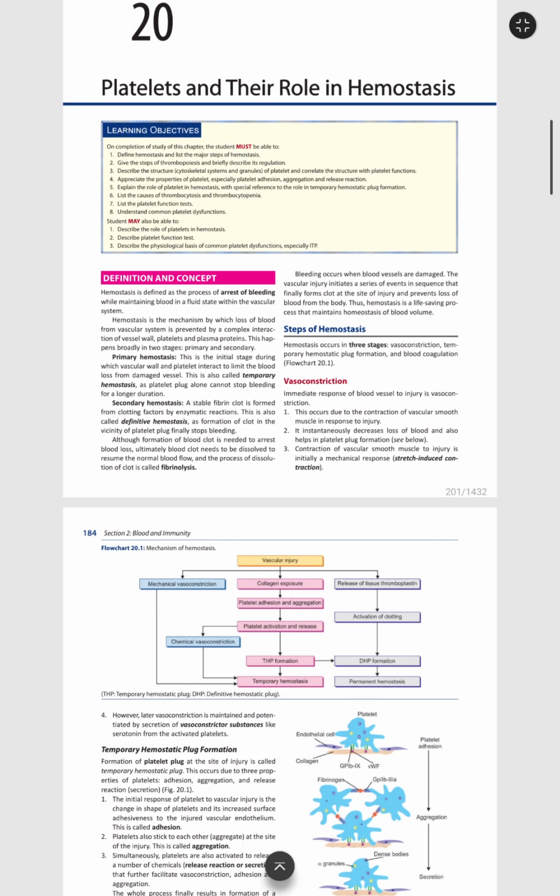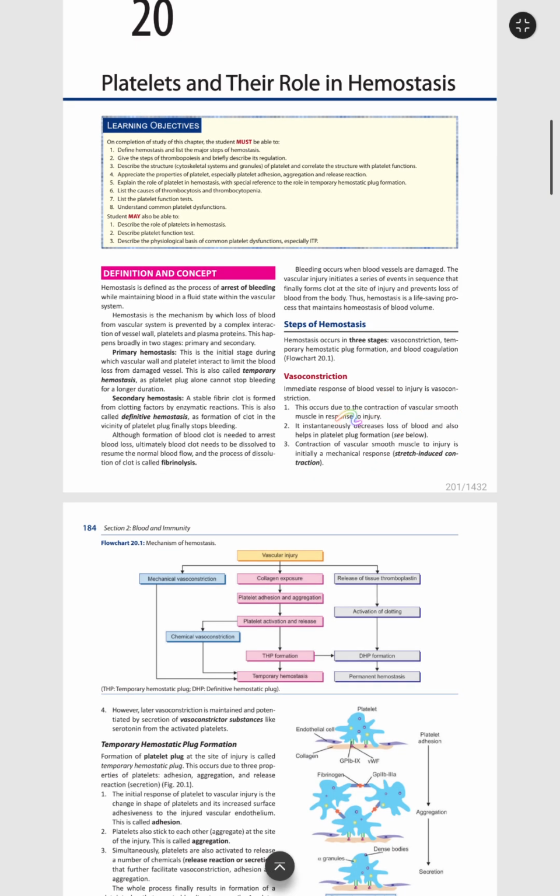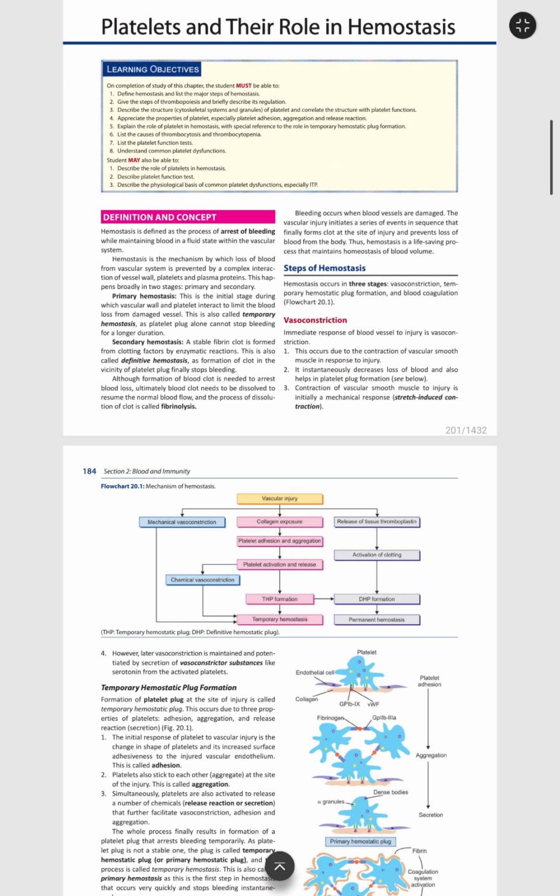Now vasoconstriction. The immediate response of blood vessel to injury is vasoconstriction. This occurs due to contraction of the vascular smooth muscles in response to injury. It instantaneously decreases loss of blood and also helps in platelet plug formation.